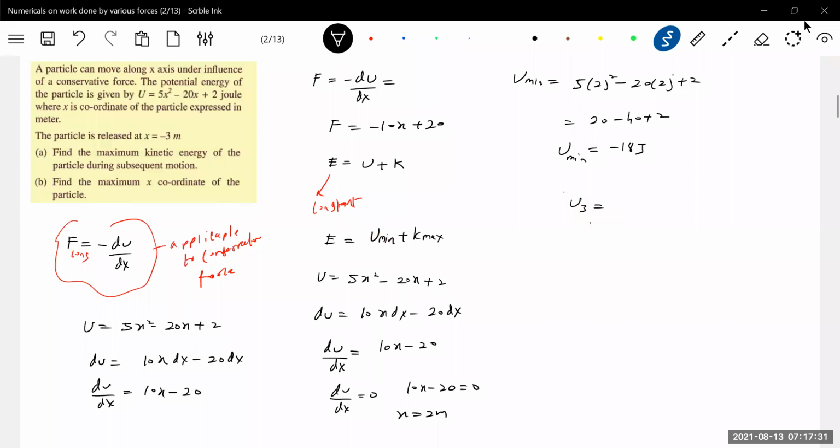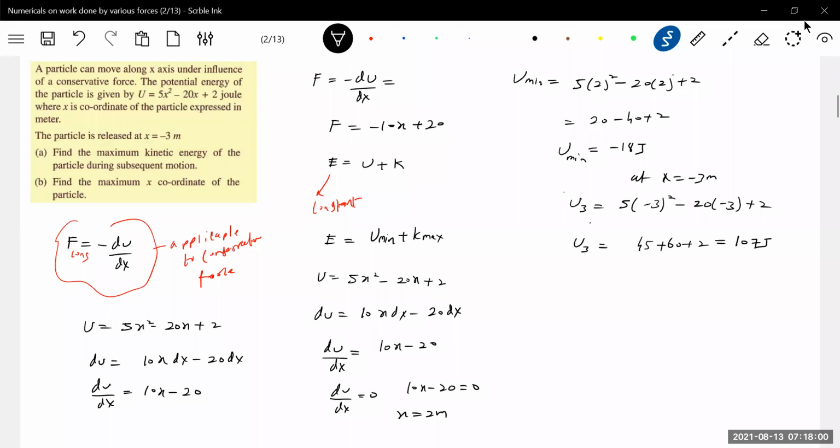U3, I'll write it, 5 into minus 3 square, minus 20 into minus 3, plus 2. 5 nines are 45 plus 60 plus 2, so 107 joule is the potential energy at x equal to minus 3.